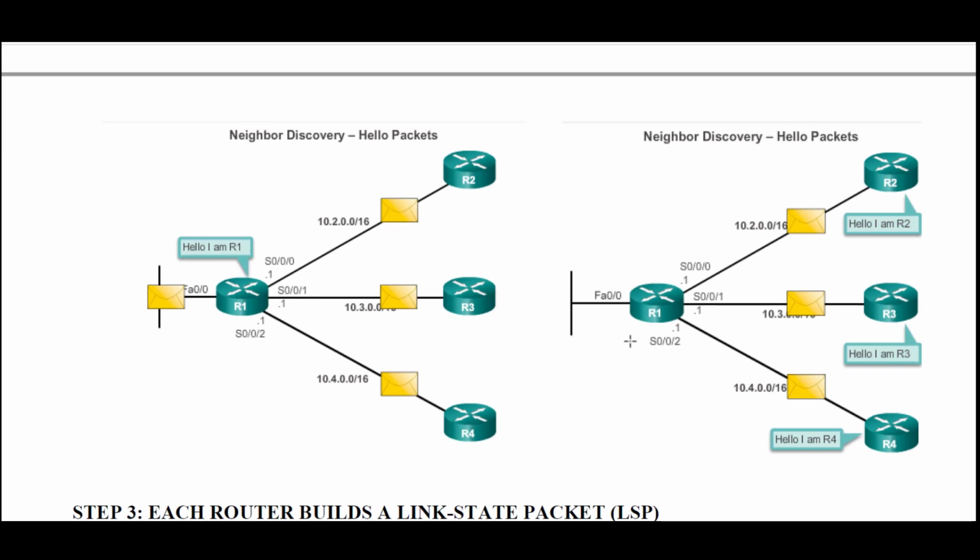Now you can see R1, router 1. We will take router 1. Router 1 needs to learn about R2. R2 is directly connected, R3 is directly connected, and R4 is directly connected. We are going to talk about only R1. R1 needs to learn about its neighbors.